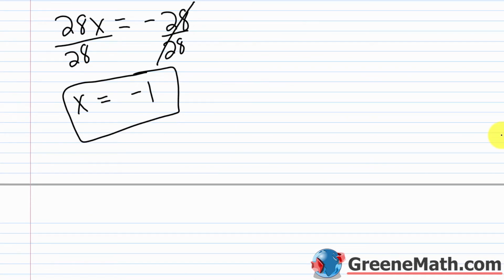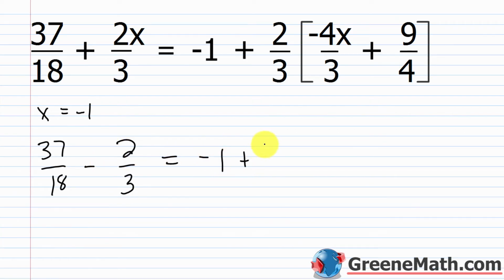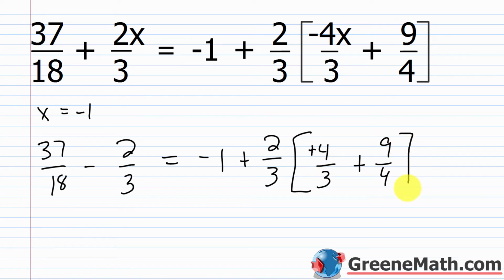All right. So we could erase all this and check. So x, again, equals -1. So we'd have 37/18 plus 2 times -1, which is just -2. So I'm just going to write -2/3. And this is equal to negative 1 plus 2/3 times this quantity, we'll have negative 4 times negative 1, so that's positive 4, over 3 plus 9/4.